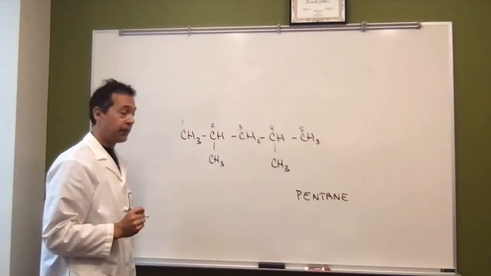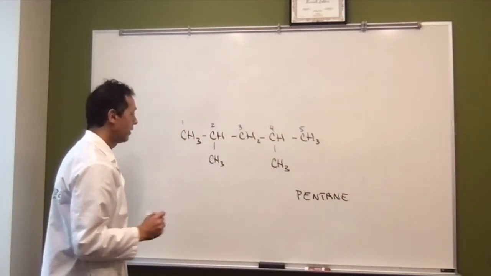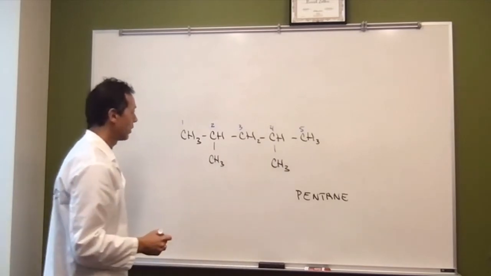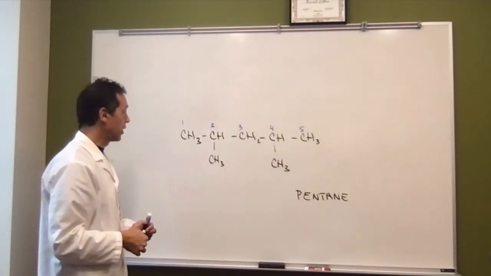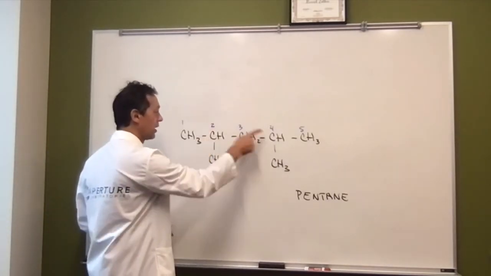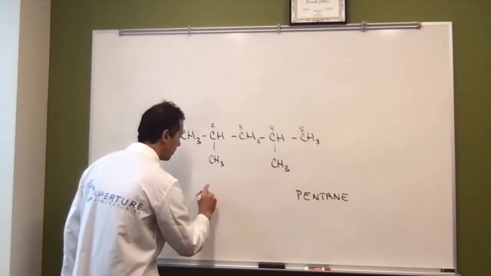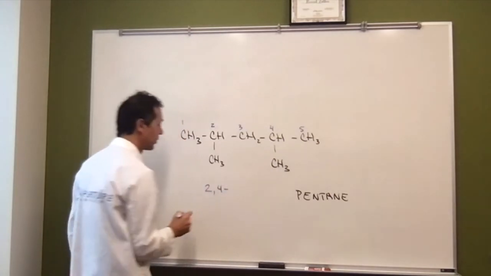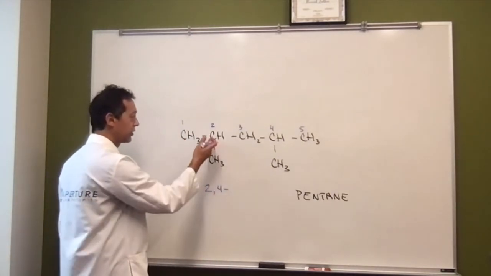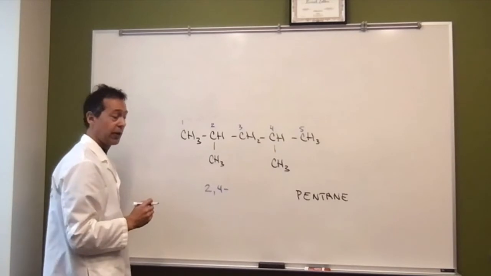And then we are going to have 2 methyls on this, okay? So we're going to have to indicate where those methyl groups are. We've got it on the 2nd and the 4th carbon atom. So we're going to go 2, 4. So we're showing that these are on the 2nd carbon atom and the 4th carbon atom.